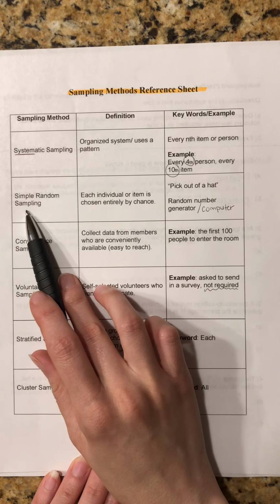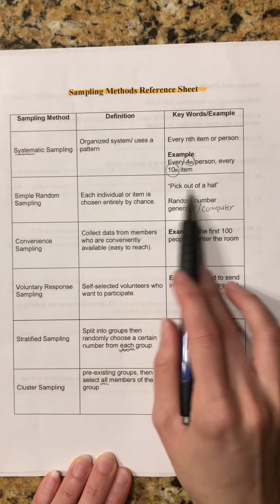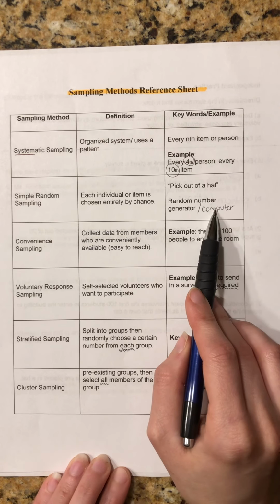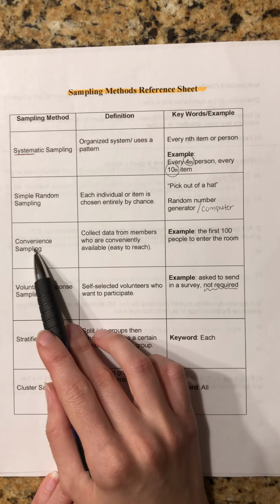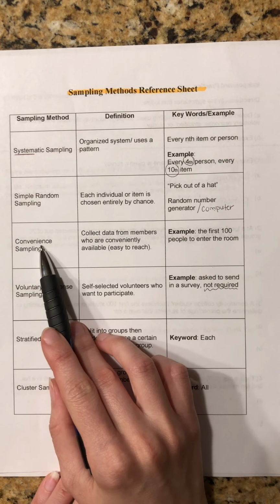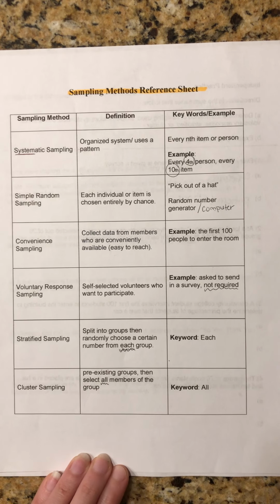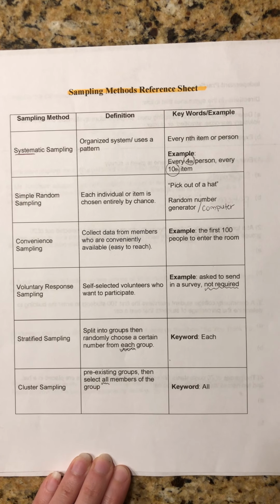Simple random sampling, you're completely random, picking out of a hat, having a random number generator or computer generator pick for you. Okay, convenience sampling, you have to think about, is it convenient? Is it easy to reach the people? Having the first 100 people that enter a room, maybe because you work at Starbucks, you're going to pick the first 50 customers that walk into Starbucks.